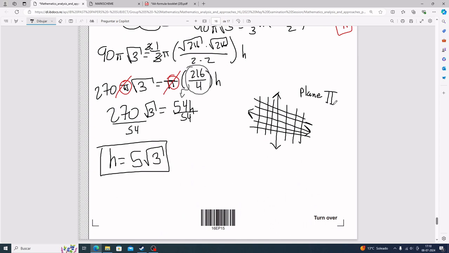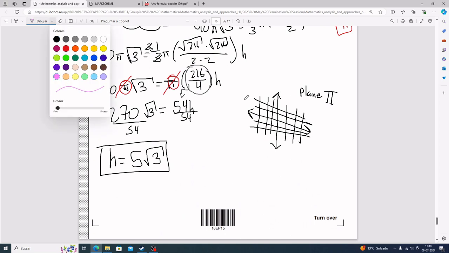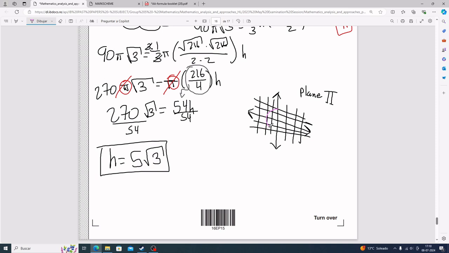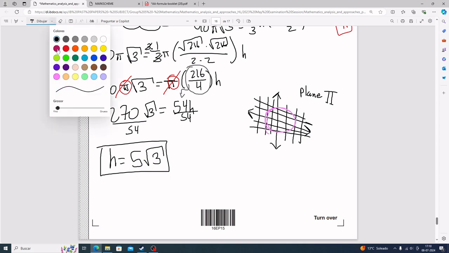This is what's happening. In this exercise, we drew the base of the right cone. Basically we need to find one of the vertices that goes like that and the other one that goes like this. Now, in order to really do that, you need to be able to move along the plane in a perpendicular way.